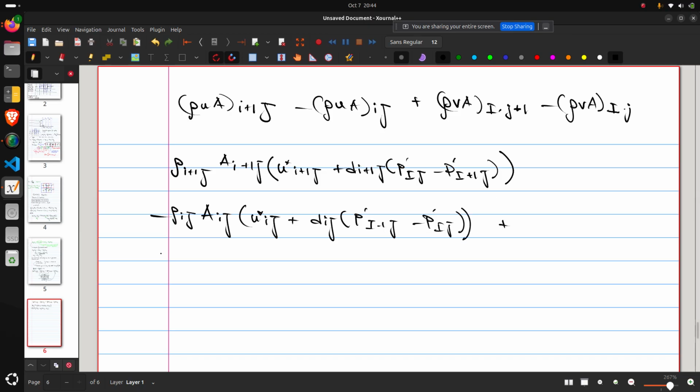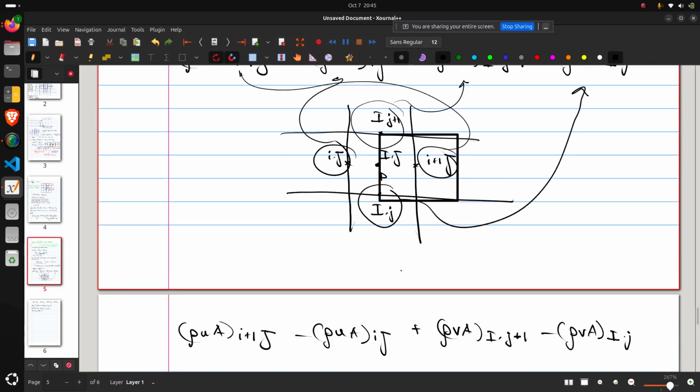Okay, plus rho at capital I, small j plus 1, A at capital I, small j plus 1, and V will be what? V will be V star at capital I, small j plus 1, plus d at capital I, small j plus 1. What will be the pressure terms?